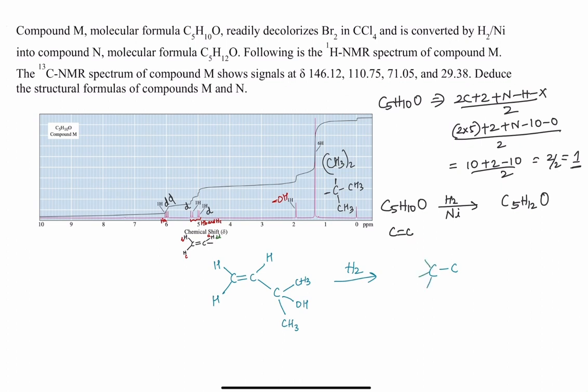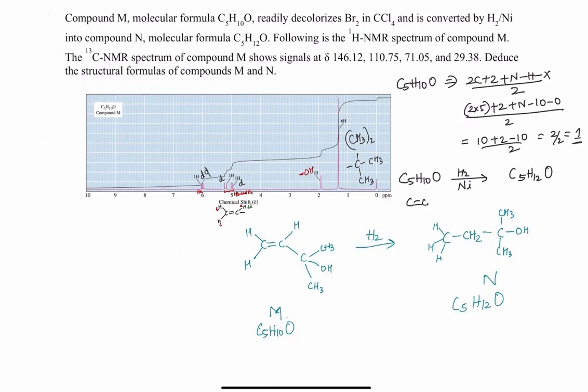So you will be having two hydrogens getting added across the double bond. So this should be compound M, and this should be compound N. This one has a molecular formula of C5H10O, and this one has a molecular formula of C5H12O.